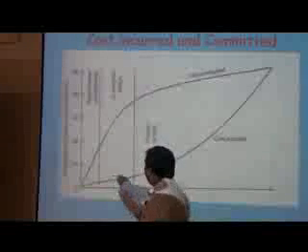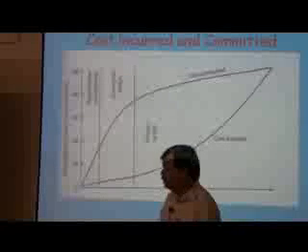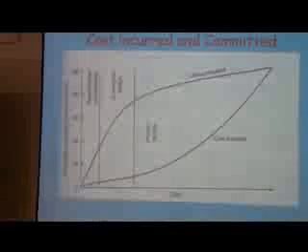See, this is the phase where the specifications are developed. I'll use the pointer there. This is the first phase, in which the specification is developed. This is the phase wherein the conceptual design is developed.